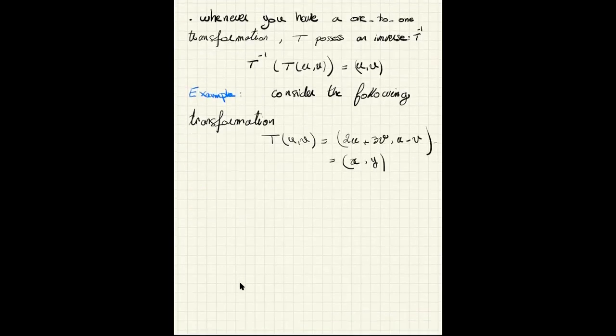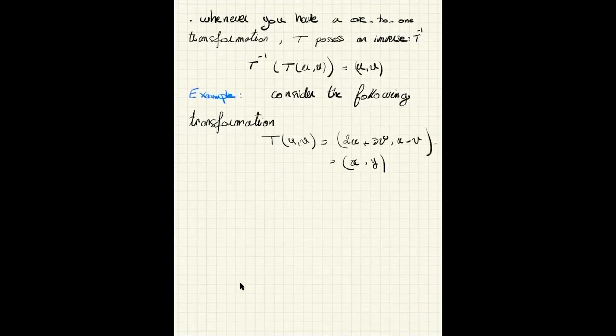Now let's take the following region in the UV plane. This is the region S. You have 3, you have 2.